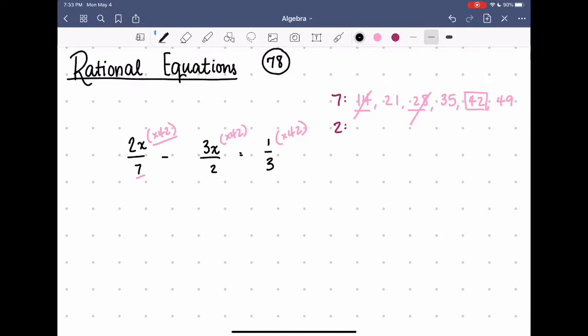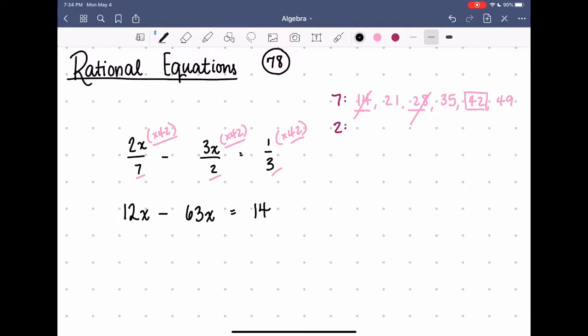So 42 divided by 7 is 6, and I'll multiply that by 2, so I get 12x minus 42 divided by 2, which is 21, times this 3 here is 63x equals 42 divided by 3, which is 14, so that'll be just a 14.